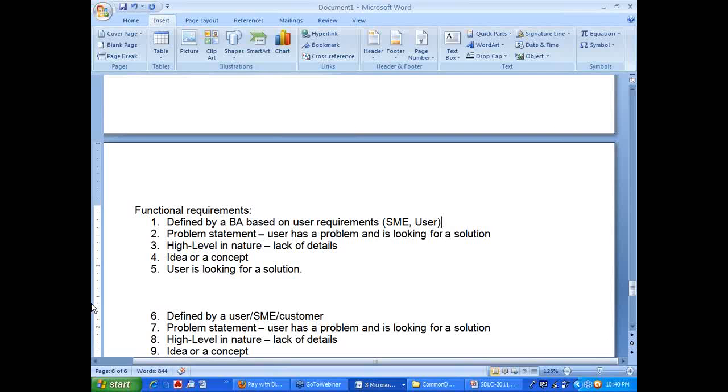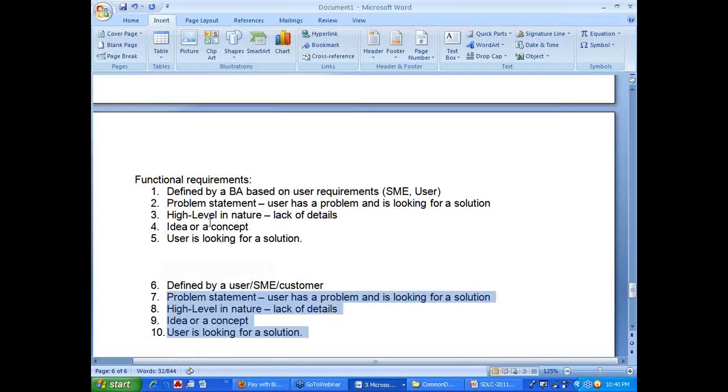The BA will closely work with the SME and/or users to define functional requirements. Earlier it was a problem statement, and I still retain the one. Since the user is looking for a solution, it now becomes a solution statement.